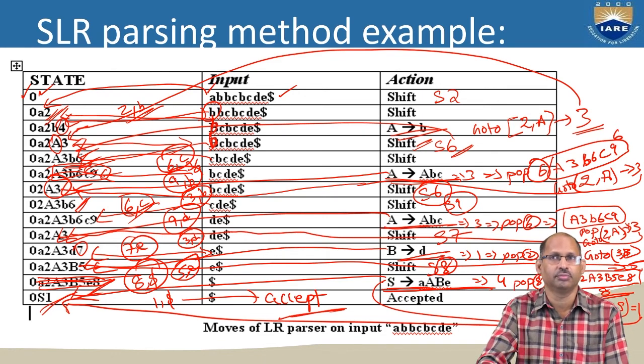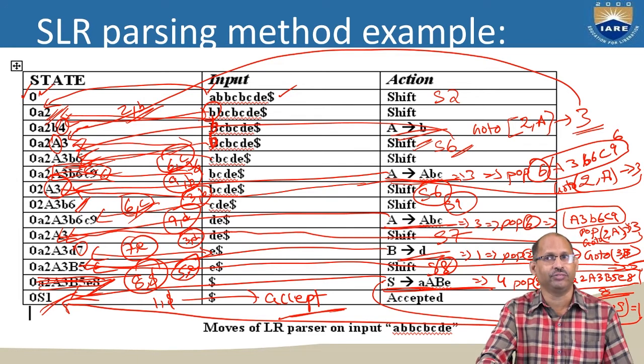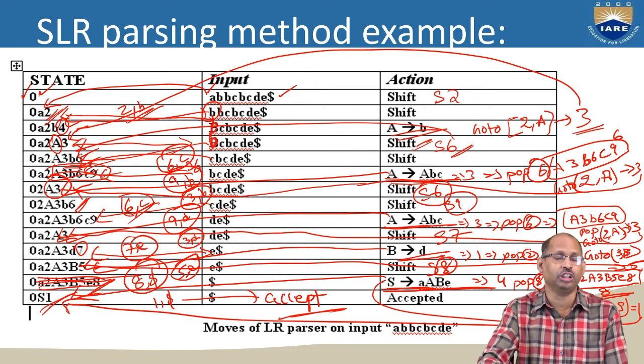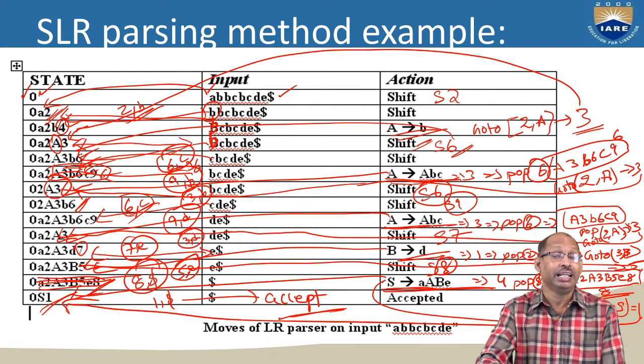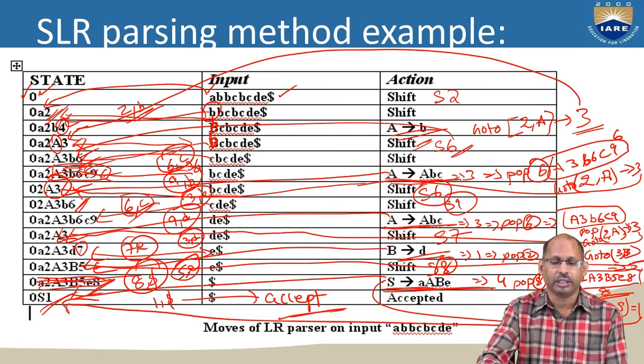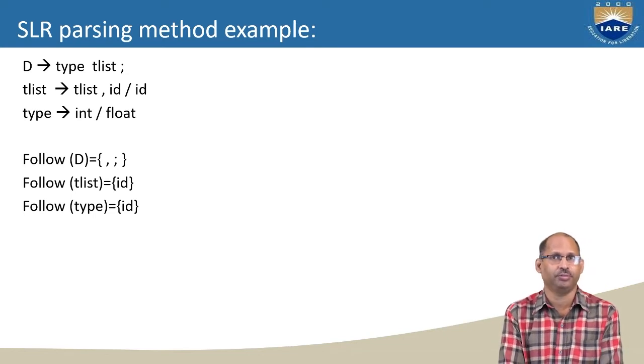Is it clear? This is a second example where we discussed the construction of the parsing table, and using the table we did SLR parsing of the input. Right. Now we are considering one more example.